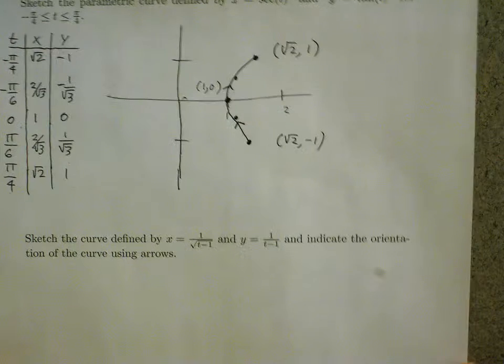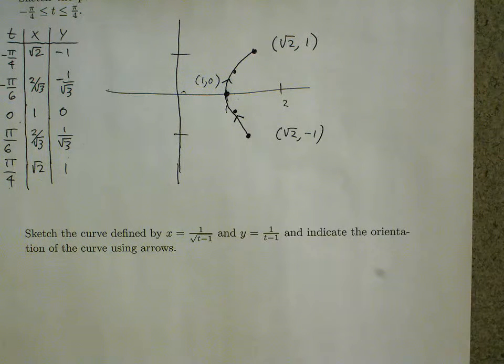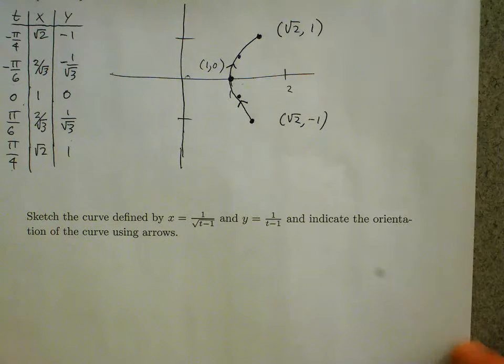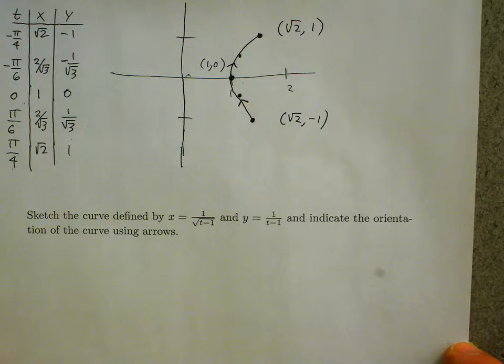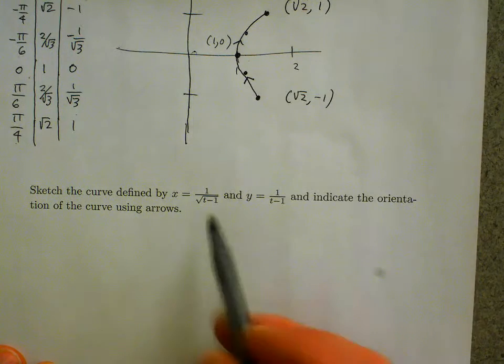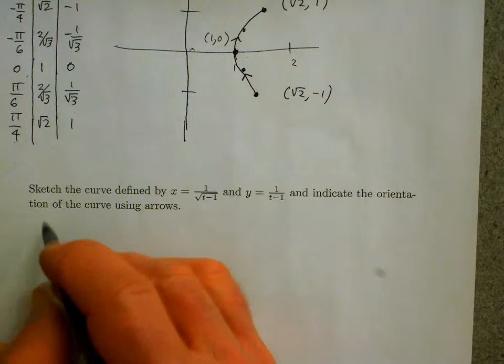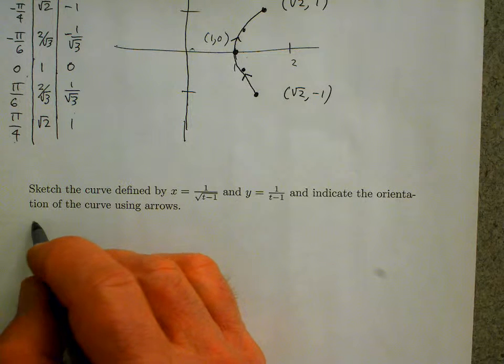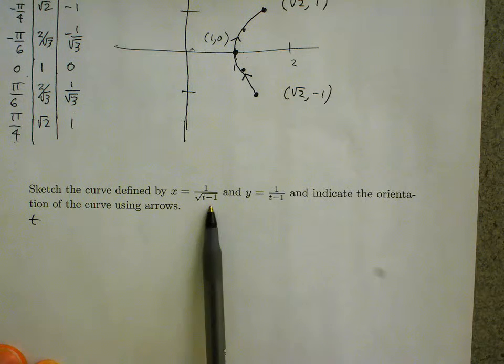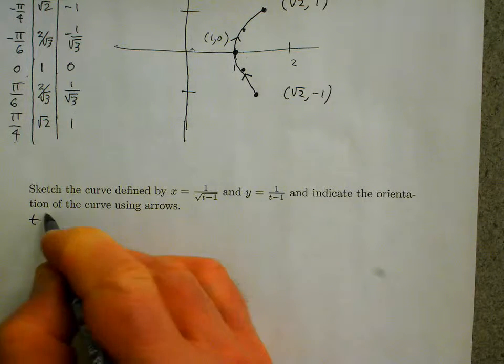Sketch the curve defined by x equals 1 over the square root of t minus 1 and y equals 1 over t minus 1. On this one, note that the t values must be strictly greater than 1.